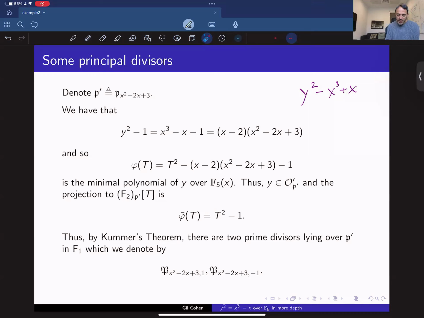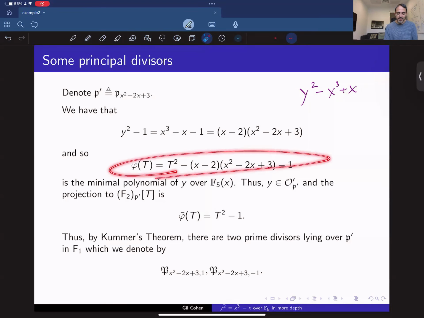So that's the minimal polynomial, but the reason I write it like that is so that you can see that it's a monic polynomial, and the coefficients are in the valuation ring corresponding to this prime divisor. Essentially, what I'm saying is that this polynomial doesn't have a factor of that polynomial appearing in the denominator. Actually, it has a factor of it appearing in the numerator, but then there is the plus 1 or minus 1, right?